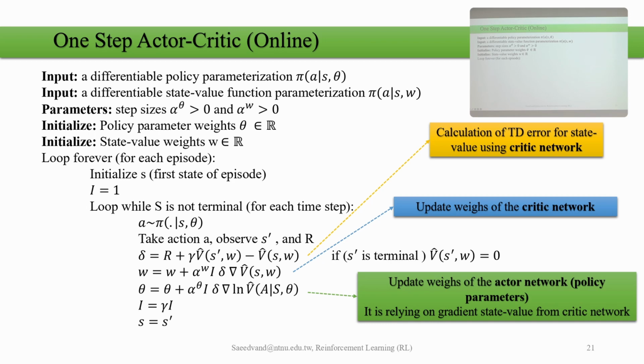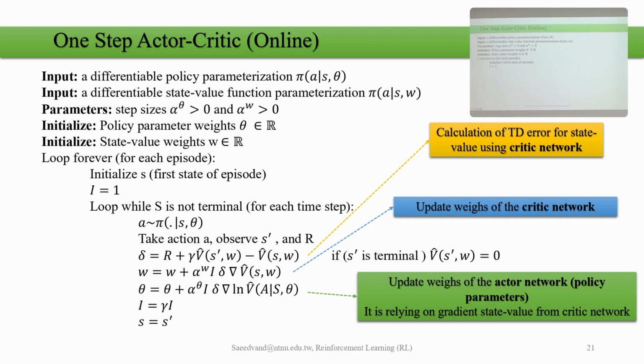We create a loop forever, similar to the previous one, for each episode, and we initialize the first state of the episode. Keep this in your mind: this algorithm is online, and since it is online, we are not generating a Monte Carlo trajectory at the beginning. We update it in an online way, because this technique also can be implemented similar to Monte Carlo.